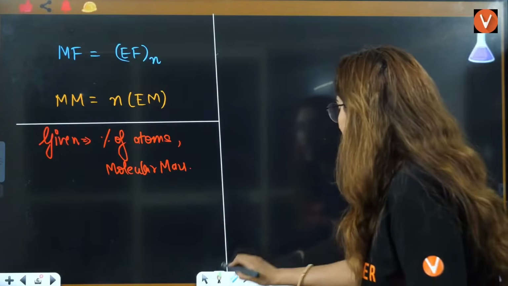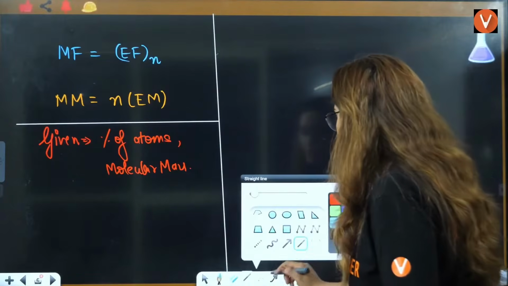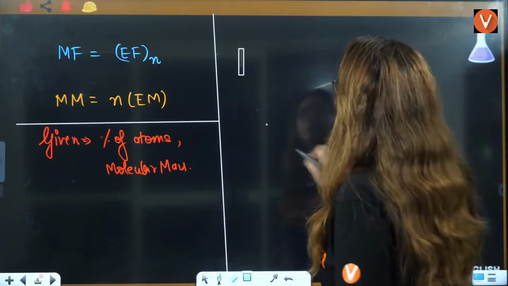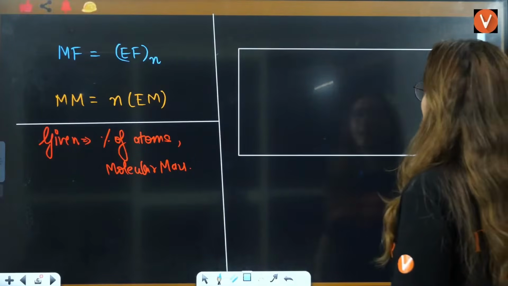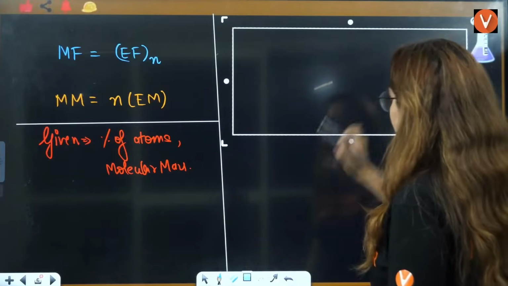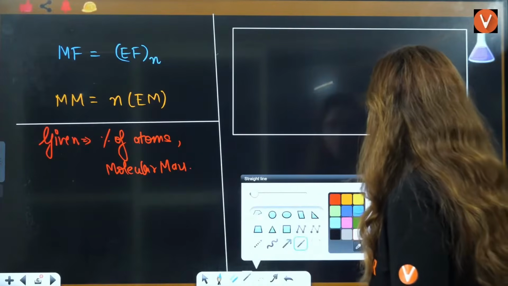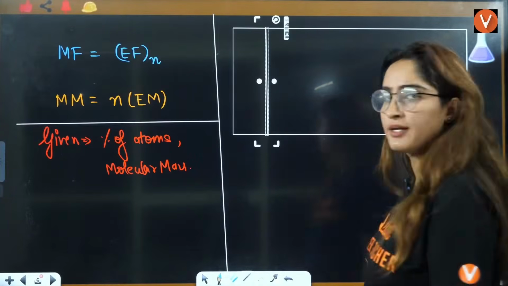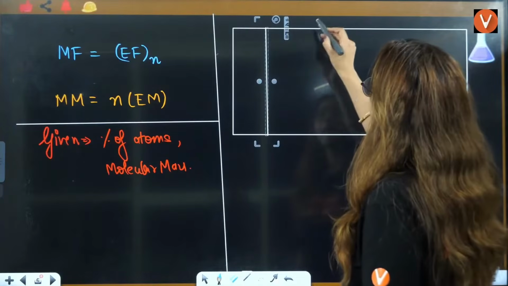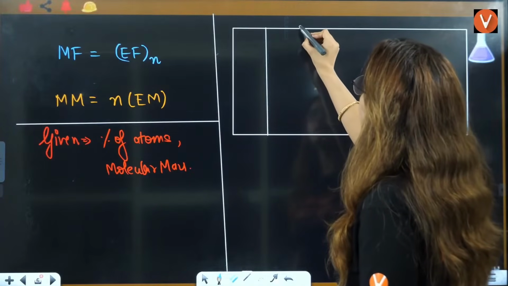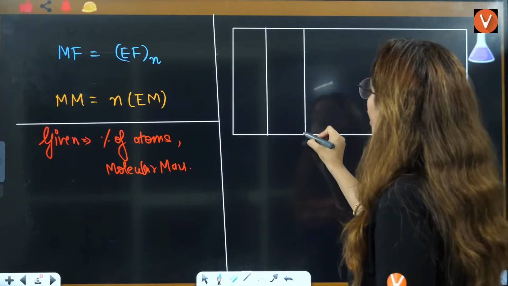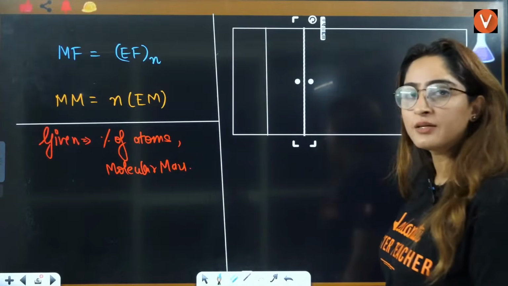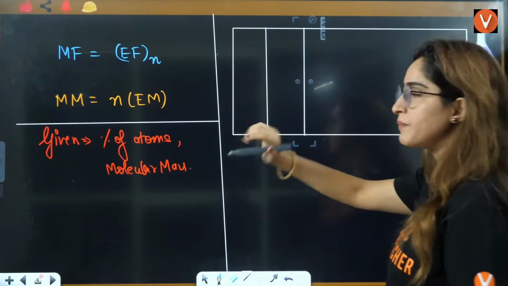So how do you calculate? Firstly, you will make a table. In that table, you will make a section in which you will write the atoms that are present. Then in another section, you will write the percentage of each atom, which will be given to you.